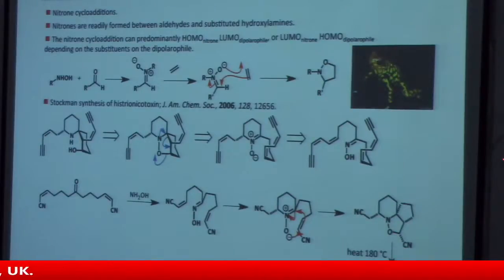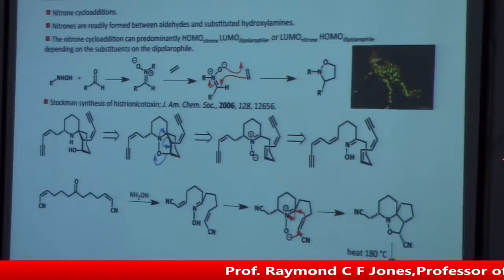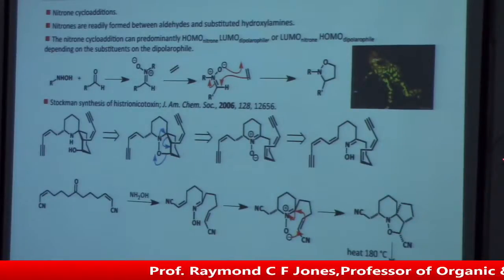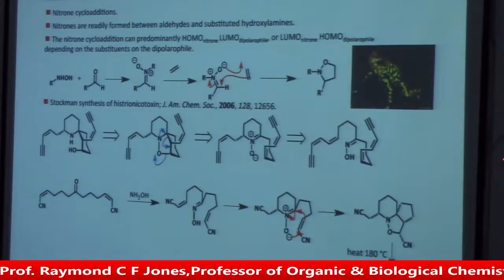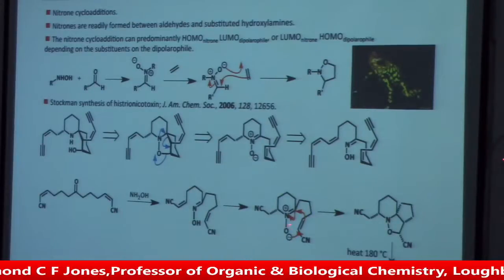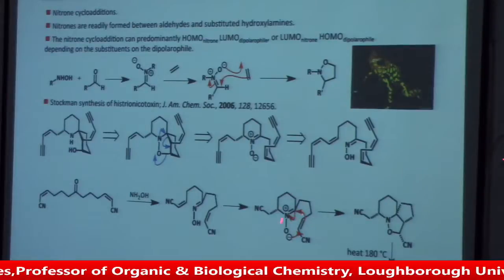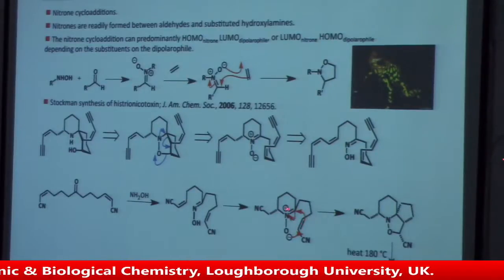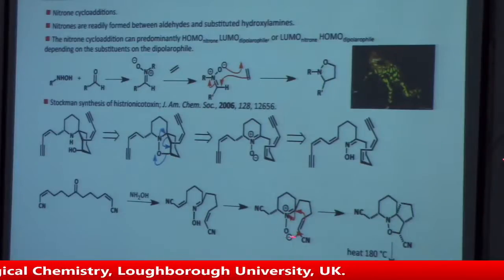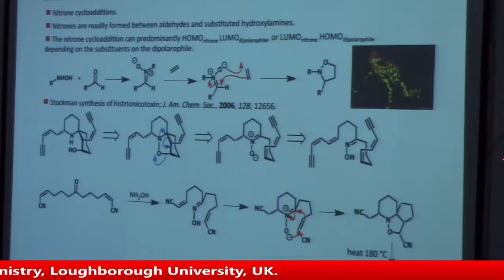Because this must be the thermodynamically more stable product. So this one is the orbital control one. This one is the stereochemically controlled one. But yeah, you have to find out why it goes this way kinetically. You have to go in and check out the orbital coefficients for that setup.